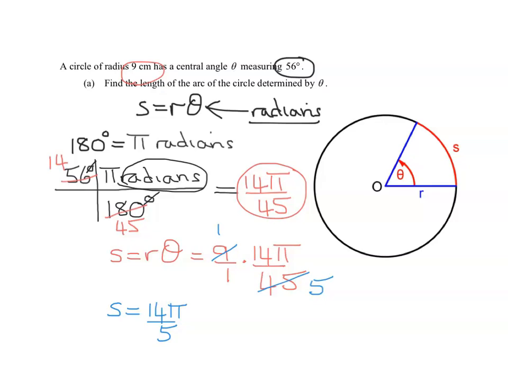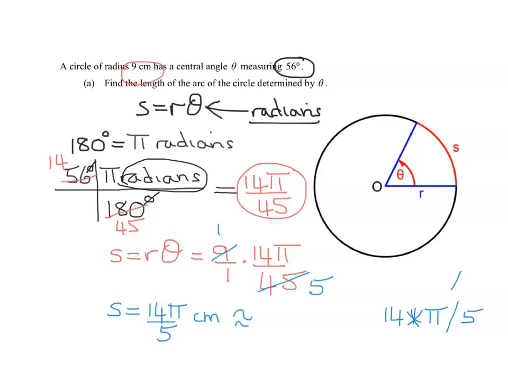And remember, arc length is a linear distance, so it's going to be in centimeters. And then depending on the problem, you might have to approximate it to, say, 3 decimal places. That's what I'm going to do for this one. So in my calculator, what I'm going to enter is 14 times pi divided by 5.